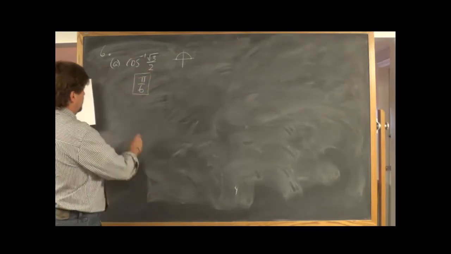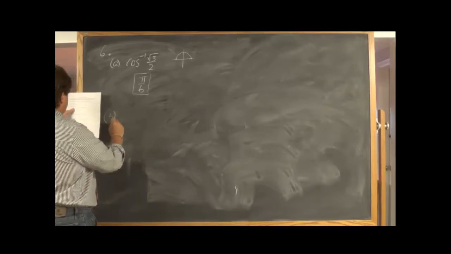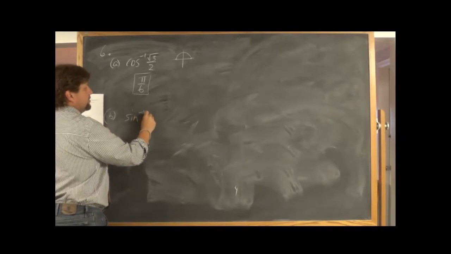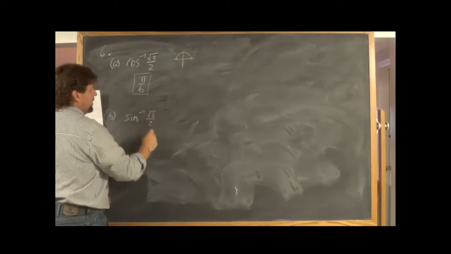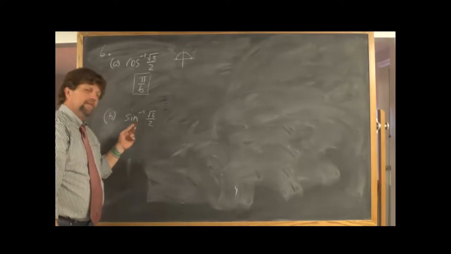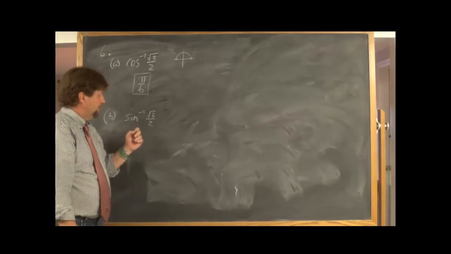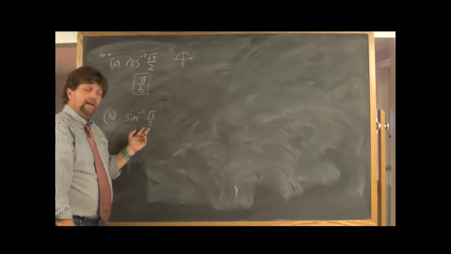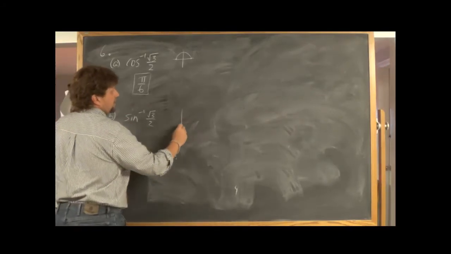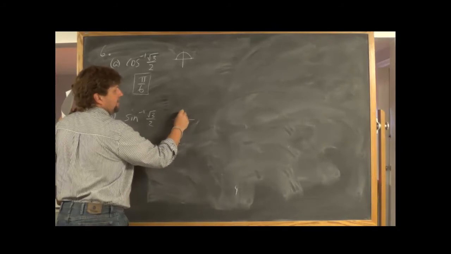Part B, I asked you to find the inverse sine of square root 3 over 2. Well, the whole purpose of inverse sine is to find an angle. Here, you're trying to find an angle on the right half of the unit circle.